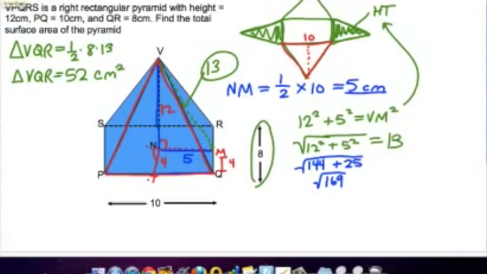If I want to find the distance of V to T, then I have 4 squared, I guess it doesn't matter which way, 4 squared plus 12 squared is going to equal my new height of VT squared.